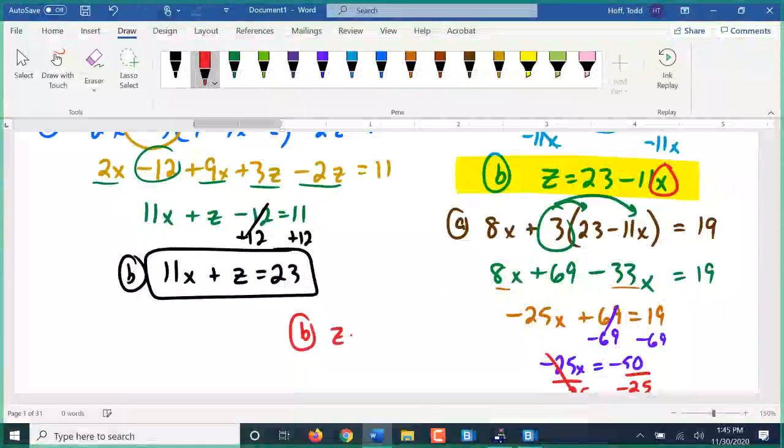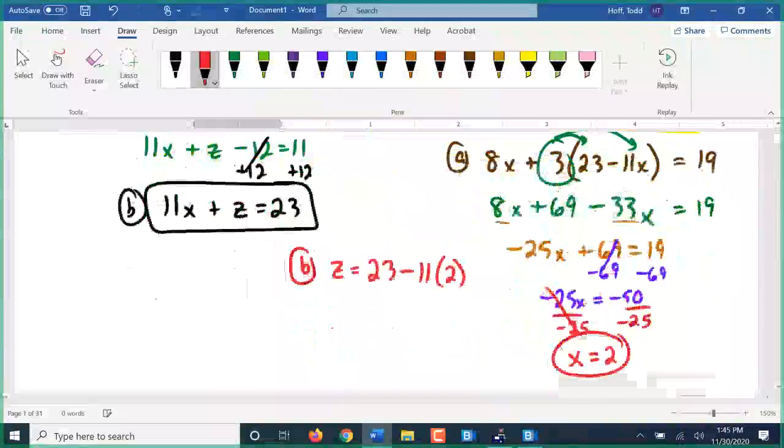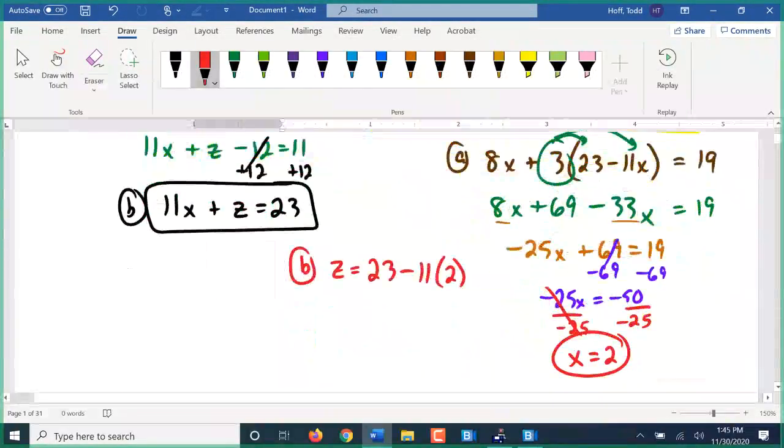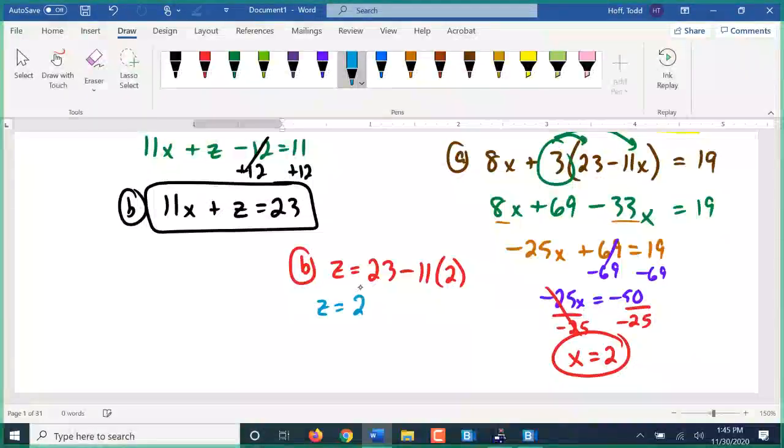So z equals 23 minus 11 times x. Well, x is 2. Well, 11 times 2 is 22. 23 minus 22 is 1. Z equals 1.